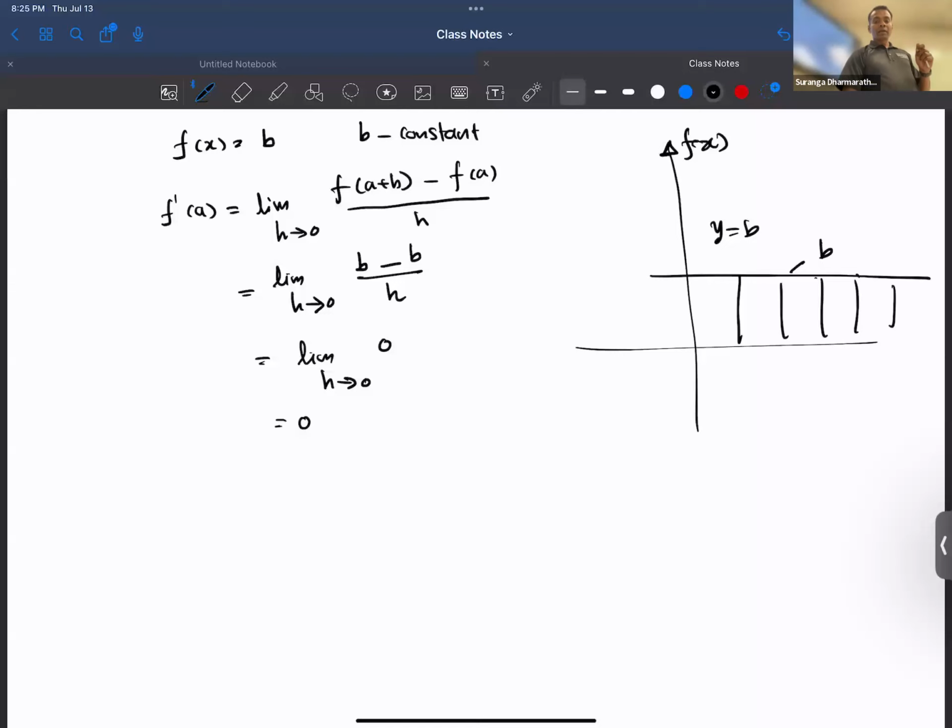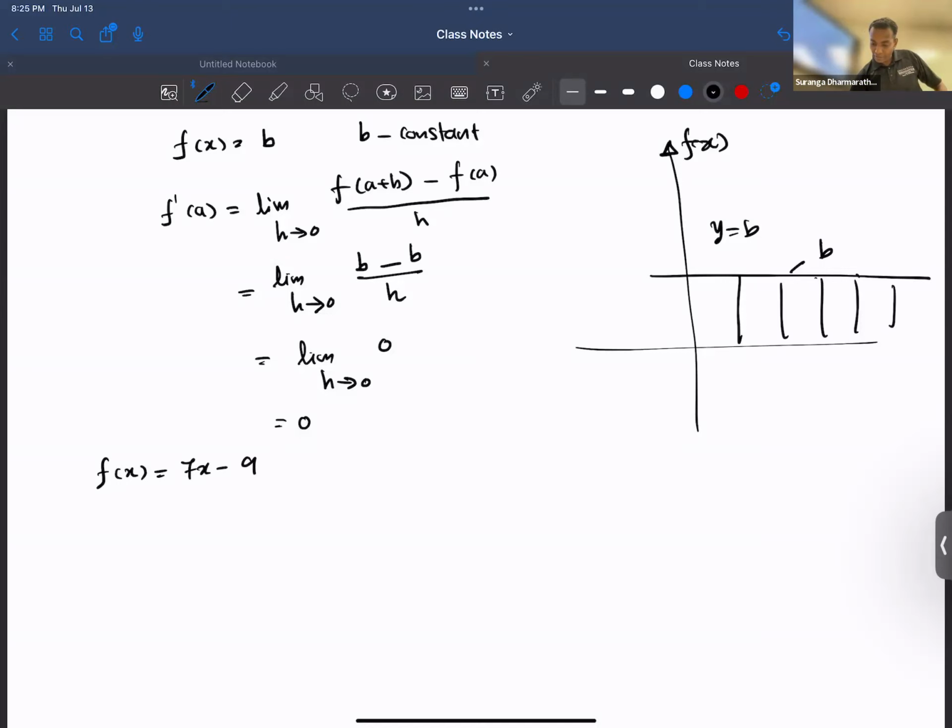Okay. Now I want to show, let's take example 17 from the book. It's 3.117. You have f of x equal 7x minus 9.